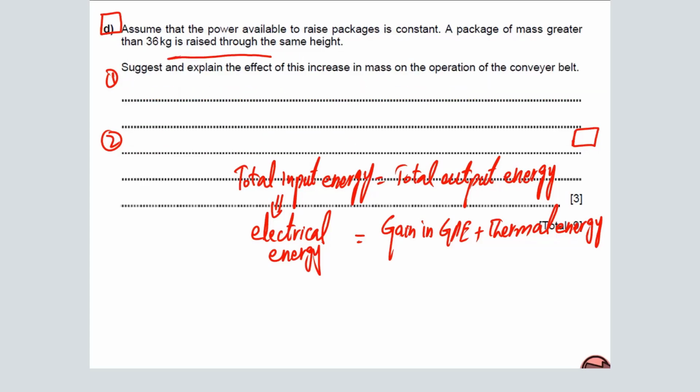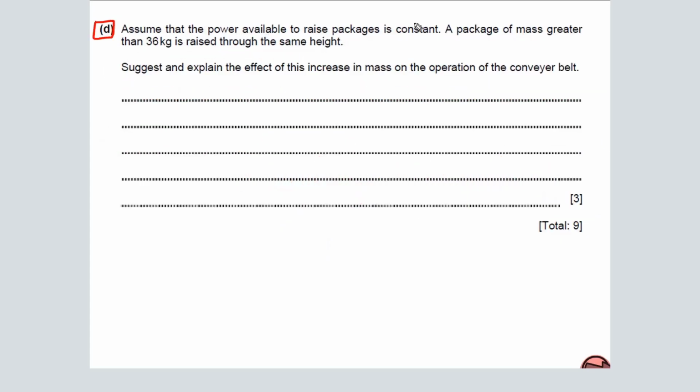Okay, next one. Assume the power to raise the package is constant. This is a very important piece of information: the power is constant, and the package mass is greater than 36 kgs. Same height. We are only changing the mass now.